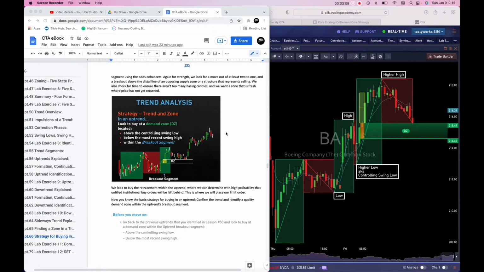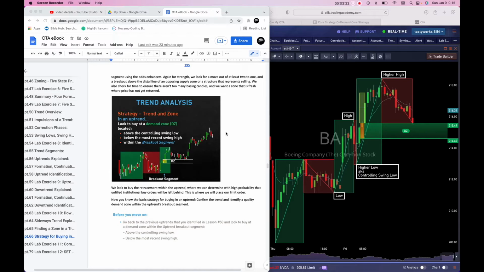Again, for strength, we look for a move out of at least 2 to 1 and a breakout above the distal line of an opposing supply zone or a structure that represents selling. We also check for time to ensure there aren't too many basing candles, and we want a zone that is fresh where price has not yet returned.